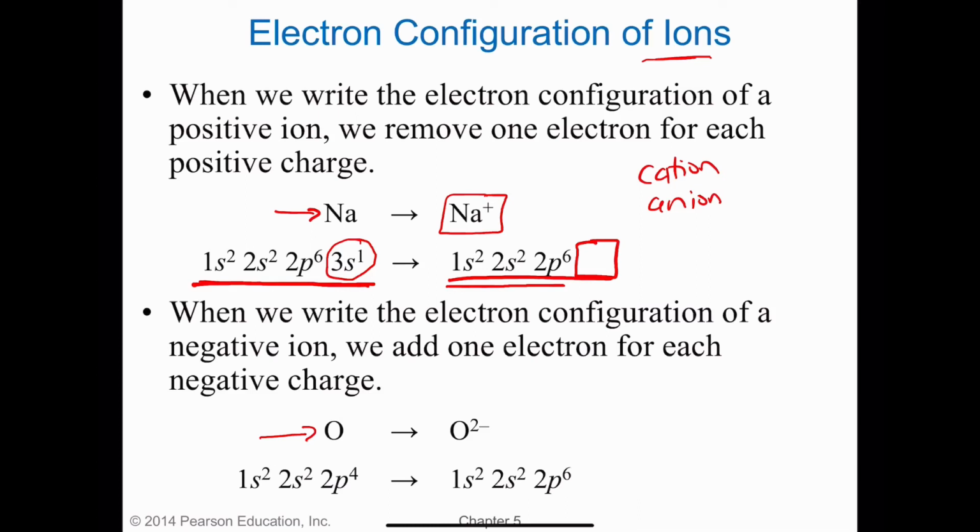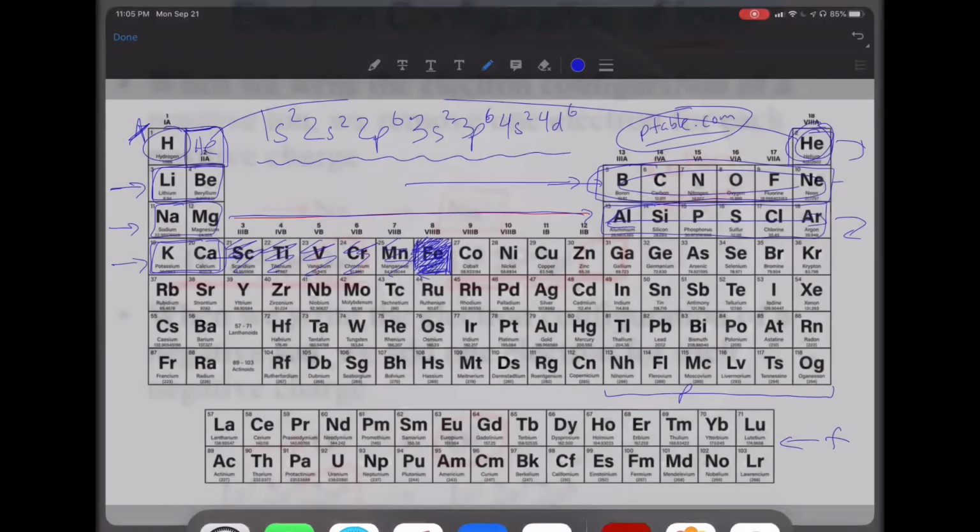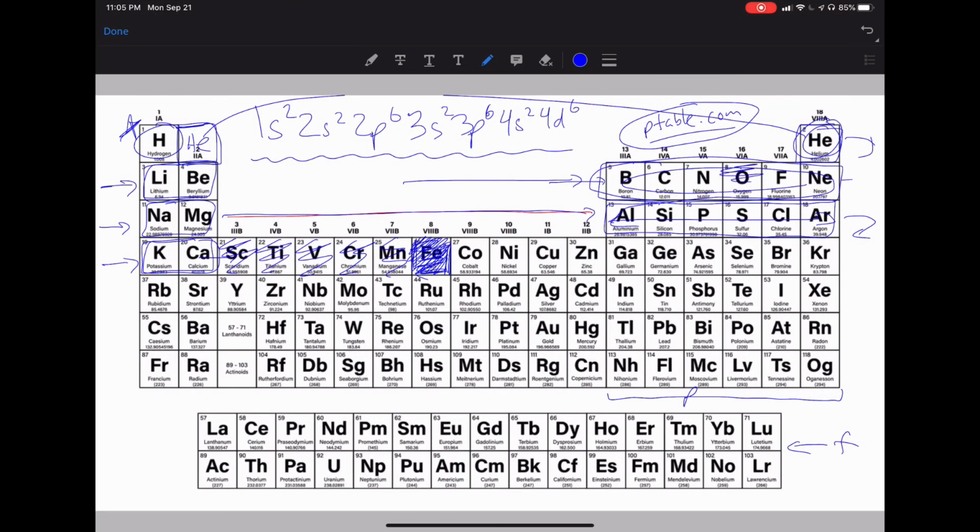Electrons are negatively charged, protons are positive, so an oxygen with a 2- means it has an extra 2 electrons, and that's why we have O with a 2-. What happens to the electron configuration? So this is for neutral oxygen using the same method that we just used. You'll end up with 2p4 because oxygen is 4 elements in the p block.